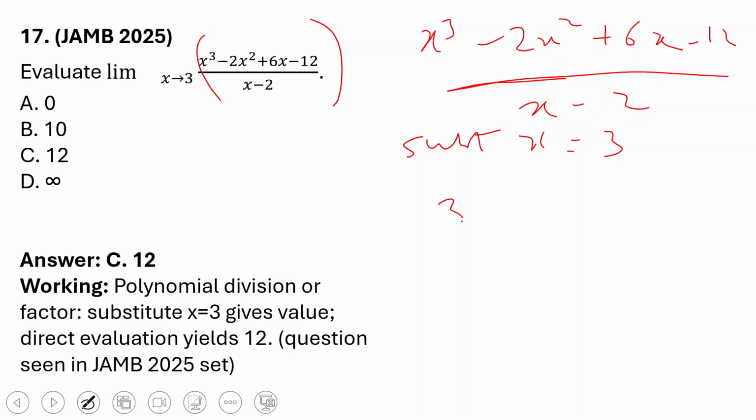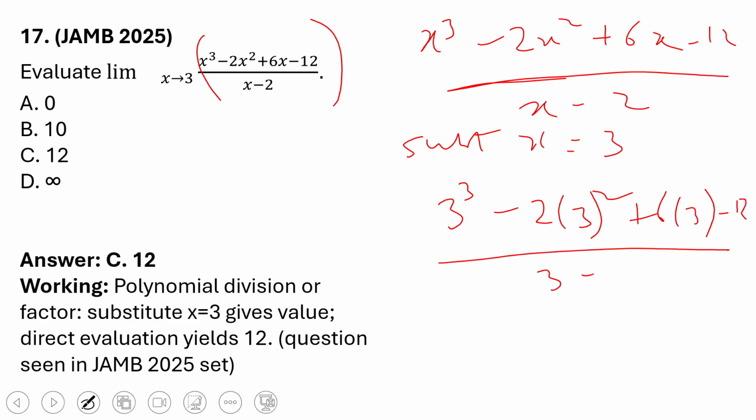So I have 3 cubed minus 2 into 3 squared plus 6 into 3 minus 12 all over 3 minus 1, right? So 3 times 3 times 3 is 27, minus 3 times 3 is 9, 9 times 2 is 18, plus 3 times 6 is 18, then minus 12 all over 2.